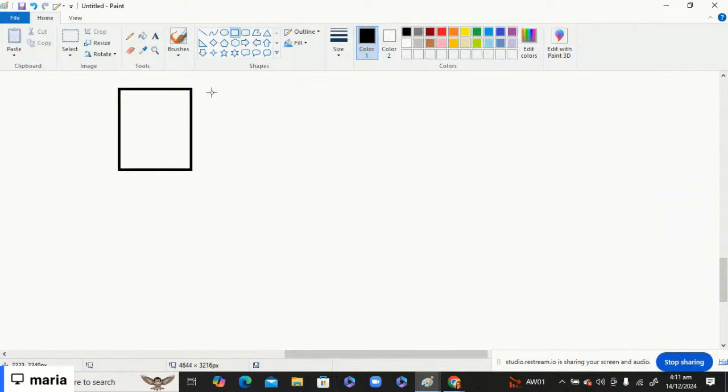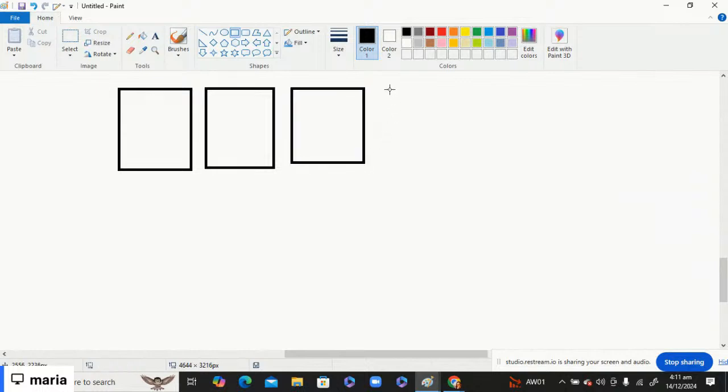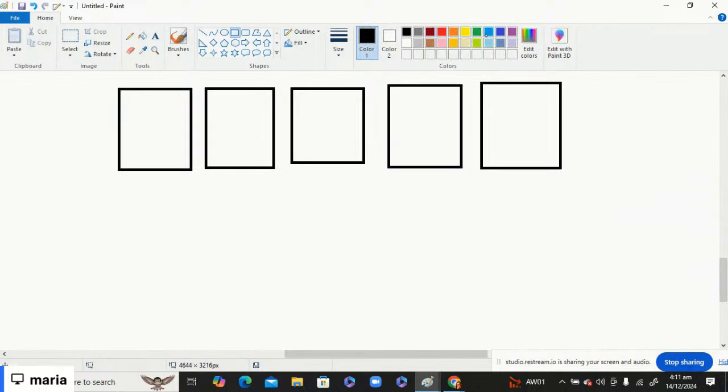One card, second card, third card, fourth card, and fifth card. These are all cards, and here are written some numbers over them: 5, 6, 7, 8, and 9.